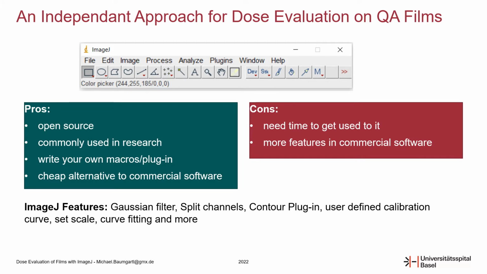But the necessary basic features, such as applying a Gaussian filter, splitting the channels, putting in some plugins, or even generating a calibration curve, are all there. And I would like to show you how this can be done within minutes to have a reasonable result.